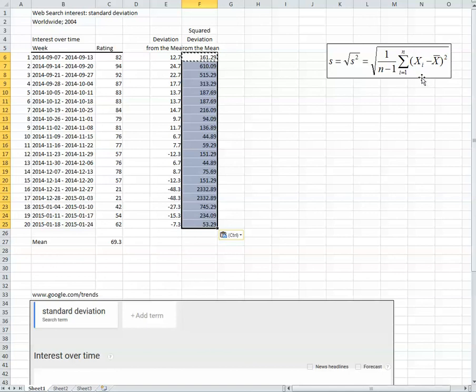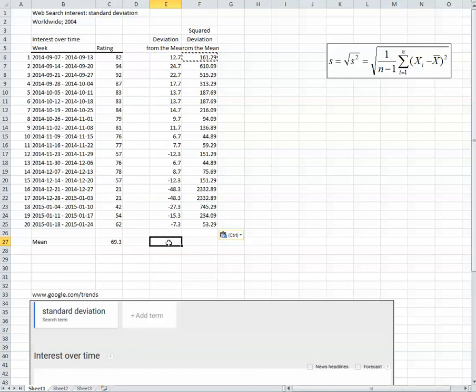Now the next thing I need to do is add them up. That's what that symbol there is telling me to do. So let's call this the sum, and we'll just add up those values. Now the next thing I need to do is divide by one less than the number of observations that I've got. I've got 20 weeks of data, so that means I'm going to divide by 19 here.